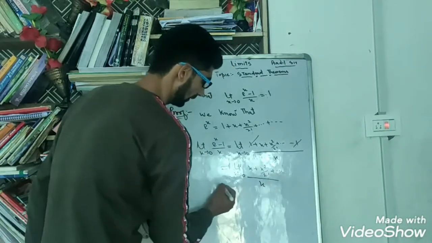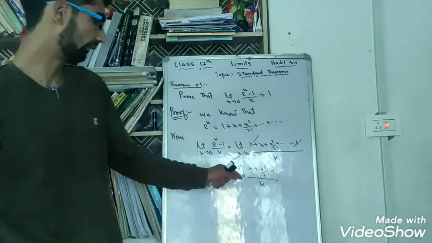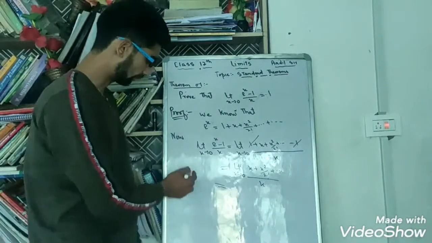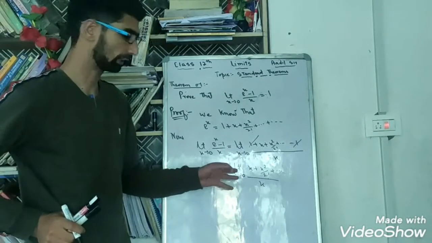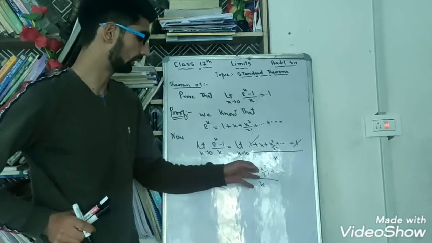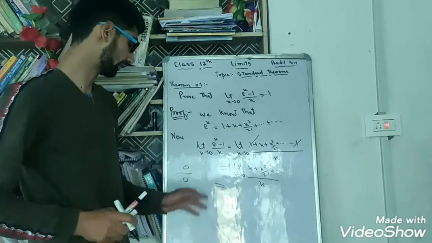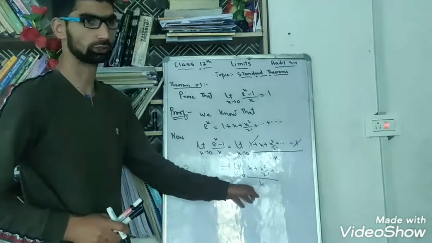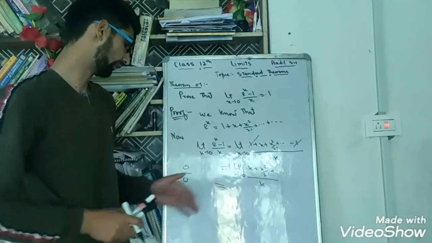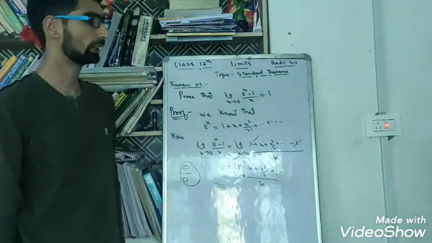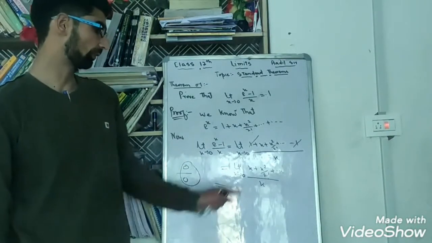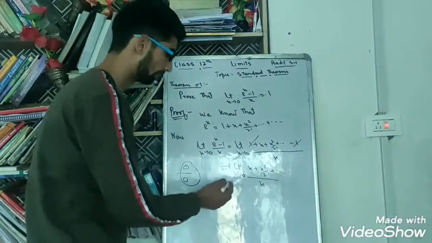We know that we have the form 0 divided by 0, because with the direct method, when we give the value of x as 0, we get 0 in the numerator and 0 in the denominator. But when we get the form 0 divided by 0, we have another method, that is the factorization method. So we will factorize both numerator and denominator.